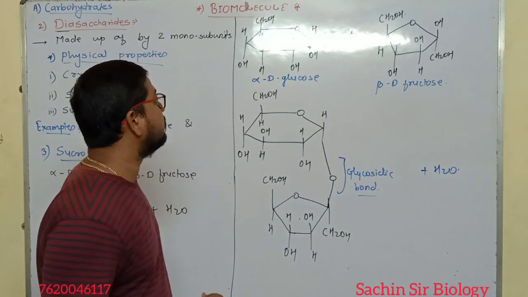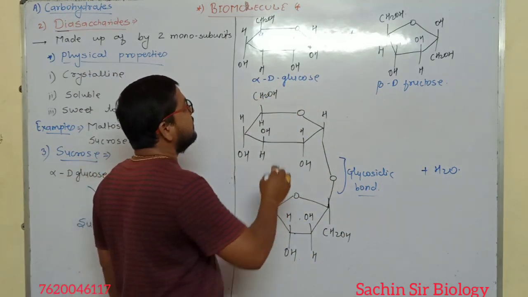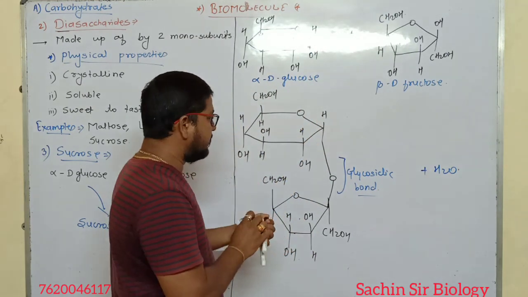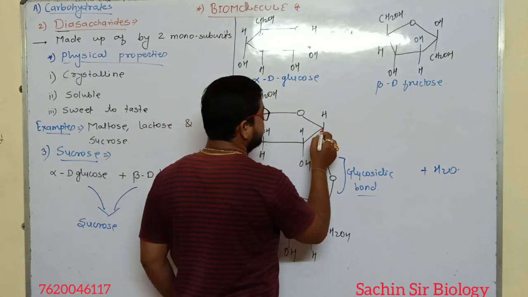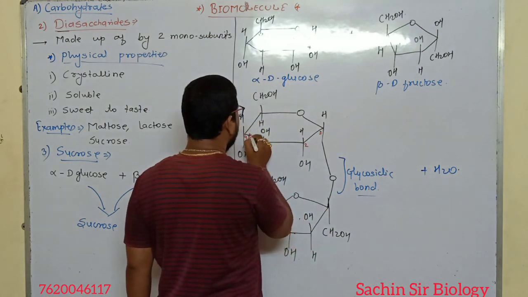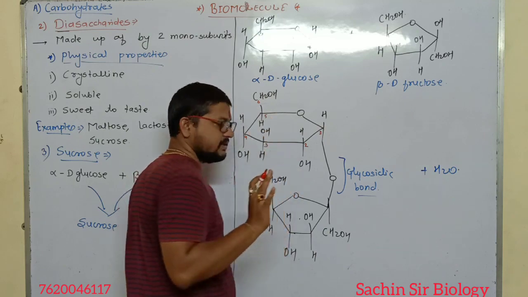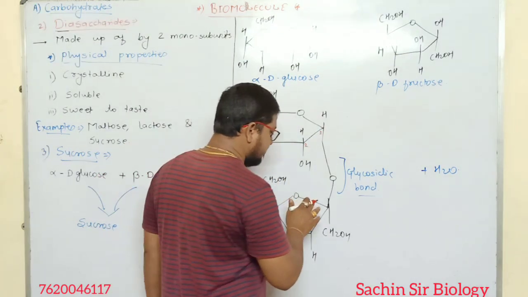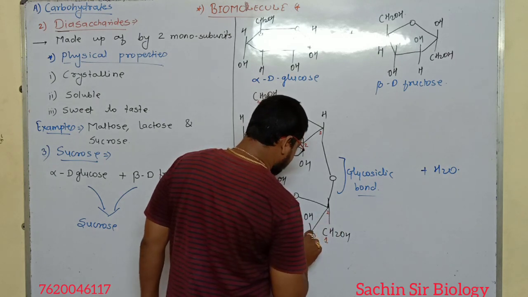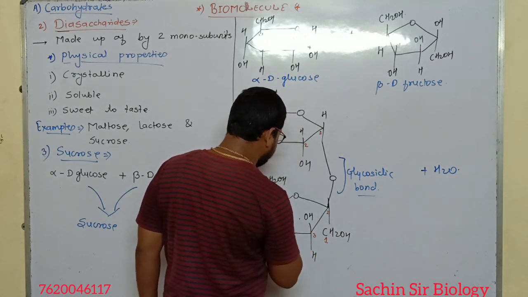Now, which linkage is formed? First of all, you should note the carbon numbers. In glucose, this one is the first carbon, second, third, fourth, fifth and sixth. Understand? Here in fructose, this is the first carbon, second, third, fourth, fifth and sixth.